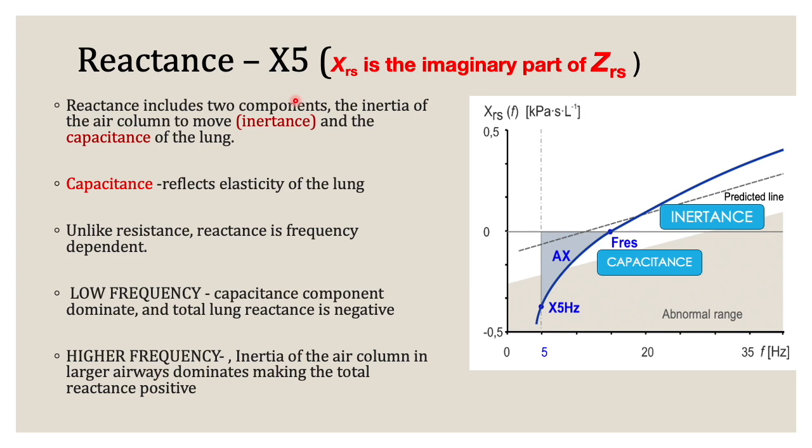And the higher the negative value of reactance, the more abnormal the reactance is. So the two parts, whether inertance of the larger airways is affected or the capacitance of the periphery is affected, that gives us the variability in reactance.